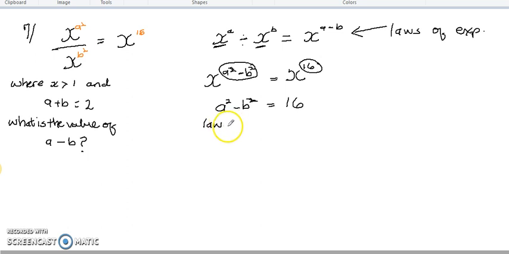It's not so much a law, but we'll call it a law: the law of the difference of squares.